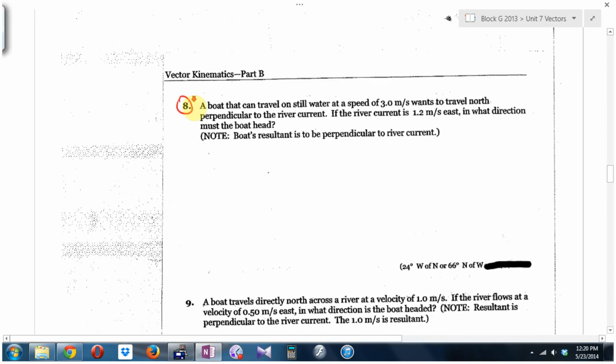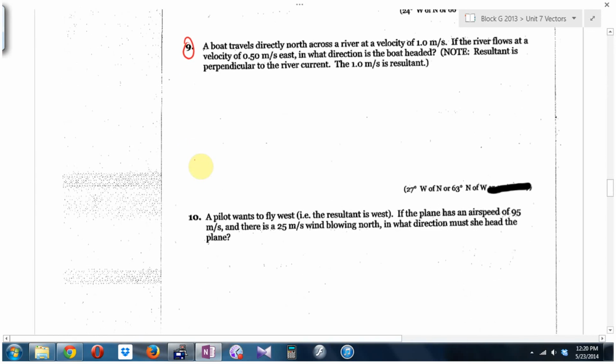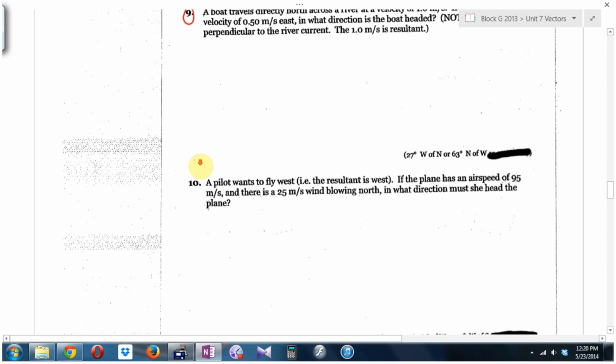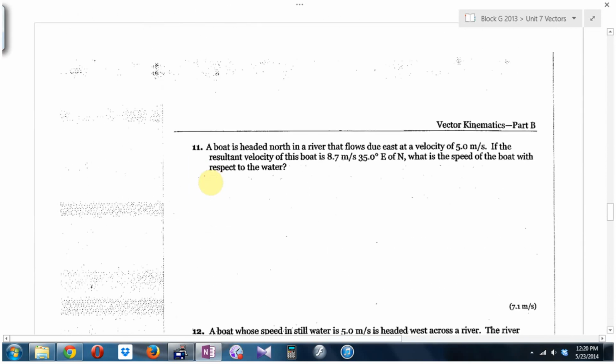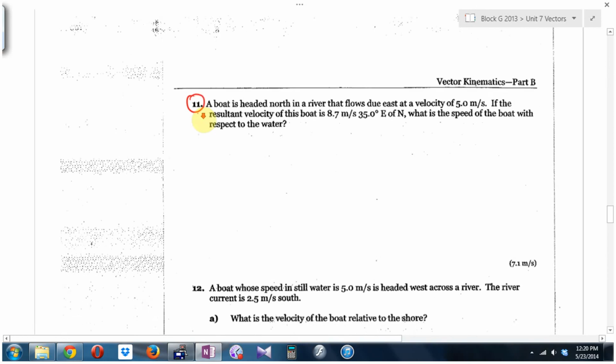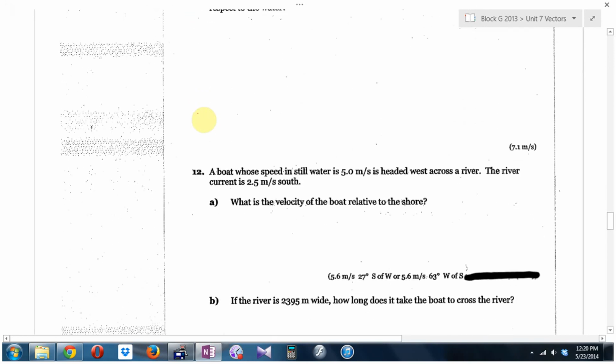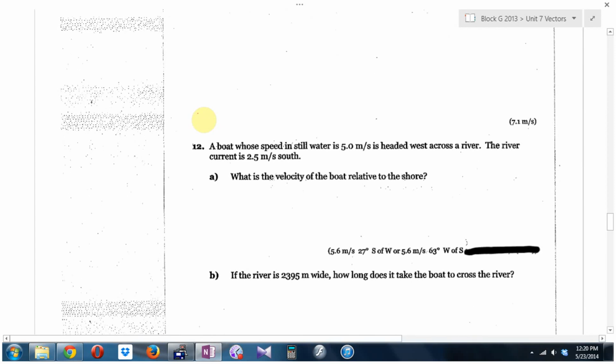8 is good. 9 is good. 10 is good. We can do 11. I know some of these I have to nuke, though. 12 is good.